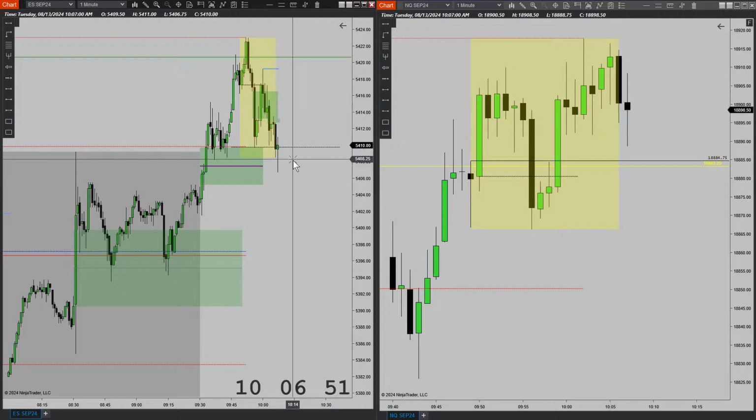Yeah, I don't like this right here. I don't like how price reversed here, so I'll just be watching.